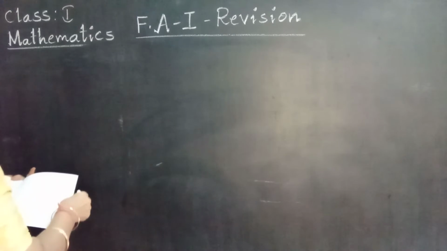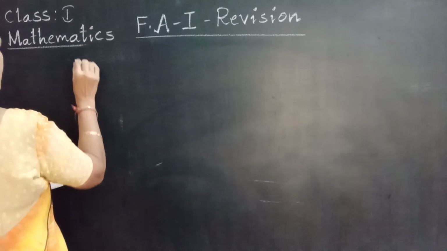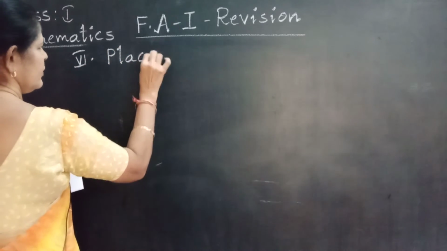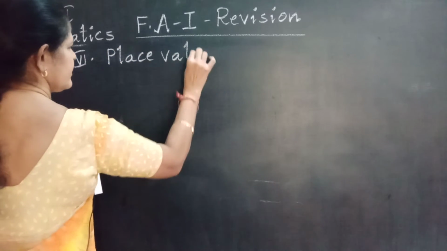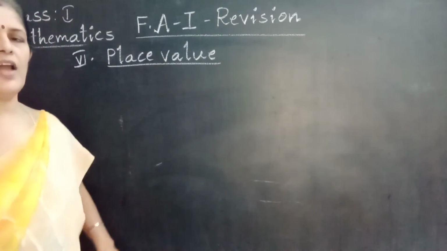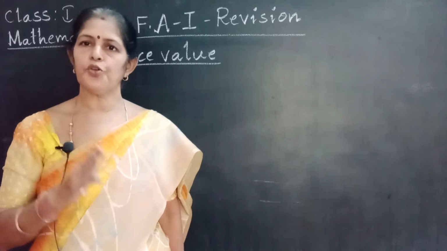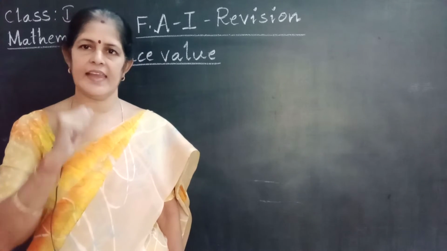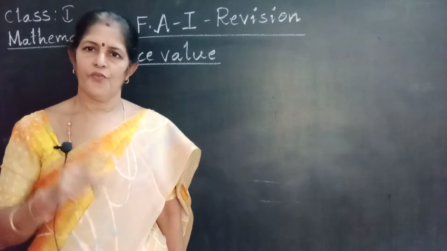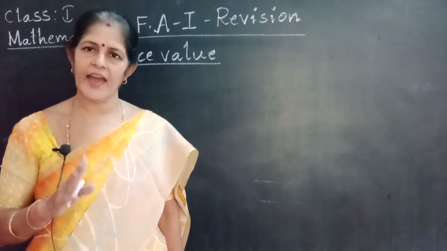Next Roman. Place value. Next Roman goes to sixth Roman. Place value. When we are going to write place value, first of all you have to think about the numbers. Up to 20, 1 to 9 numbers are one digit numbers. Yes or no? That means ones. 1, 2, 3, 4, 5, 6, 7, 8, 9 are ones.